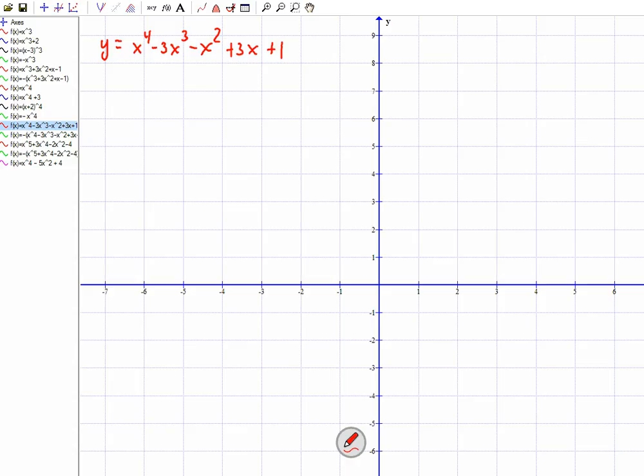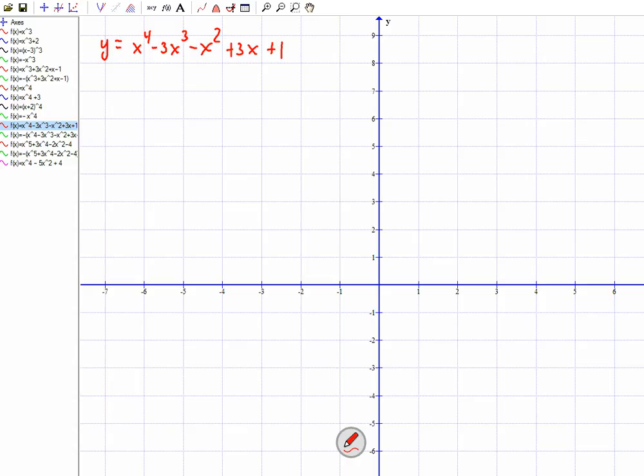The lead term's exponent is even, so we expect it to start and finish the same. We expect up to 4 directions, and therefore up to 3 directional changes is possible.